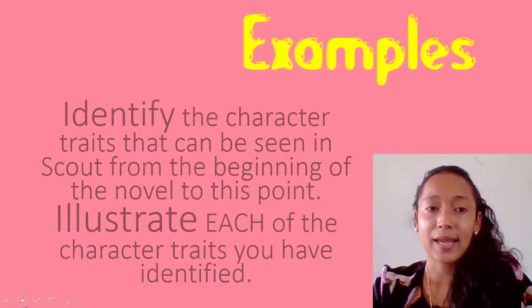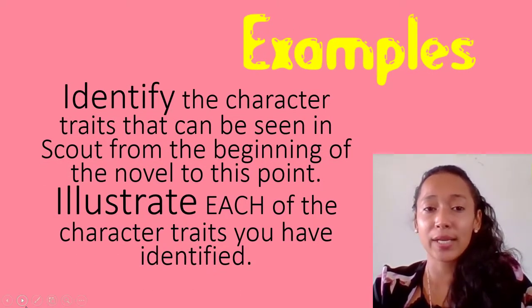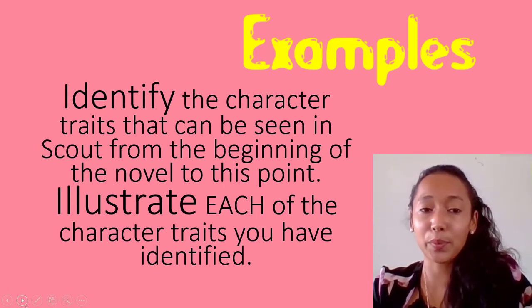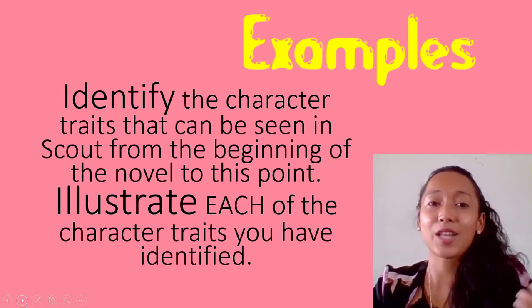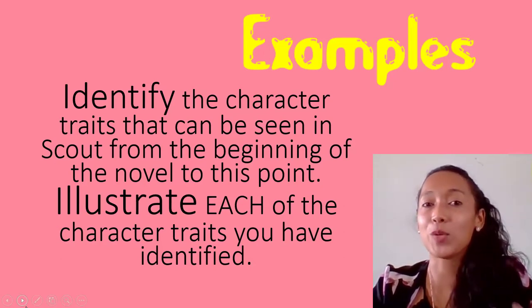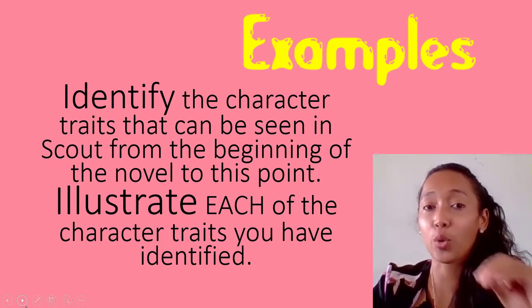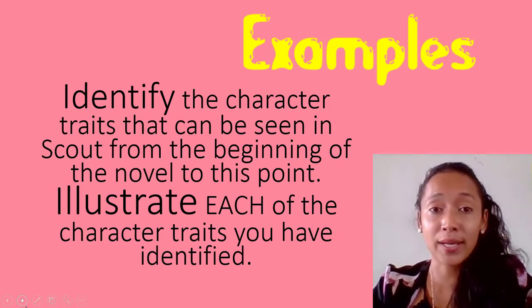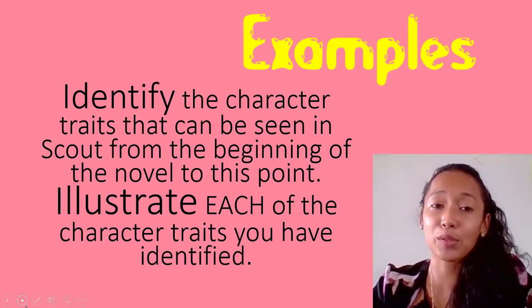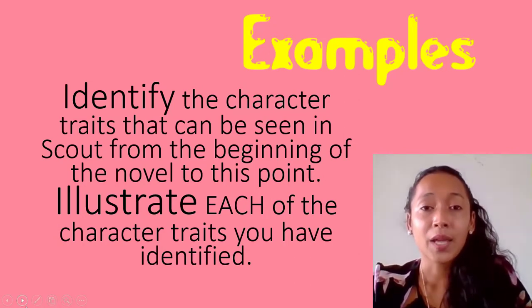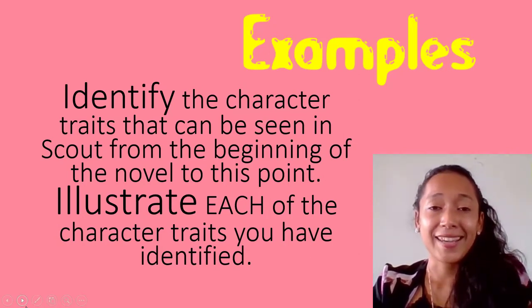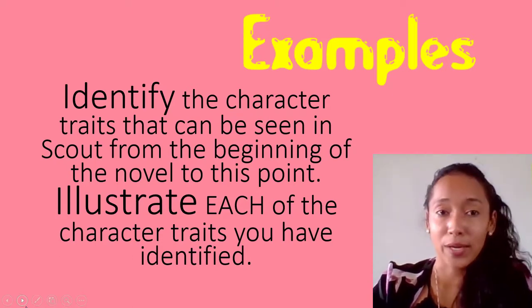Here's an example. It says, identify the character traits that can be seen in Scout from the beginning of the novel to this point. Illustrate each of the character traits you have identified. So if you notice, this is a two-part question. Identify, which is like we said in our last lesson, to point out, and illustrate then means give examples. So you would say something like, Scout from the novel To Kill a Mockingbird is tomboyish.